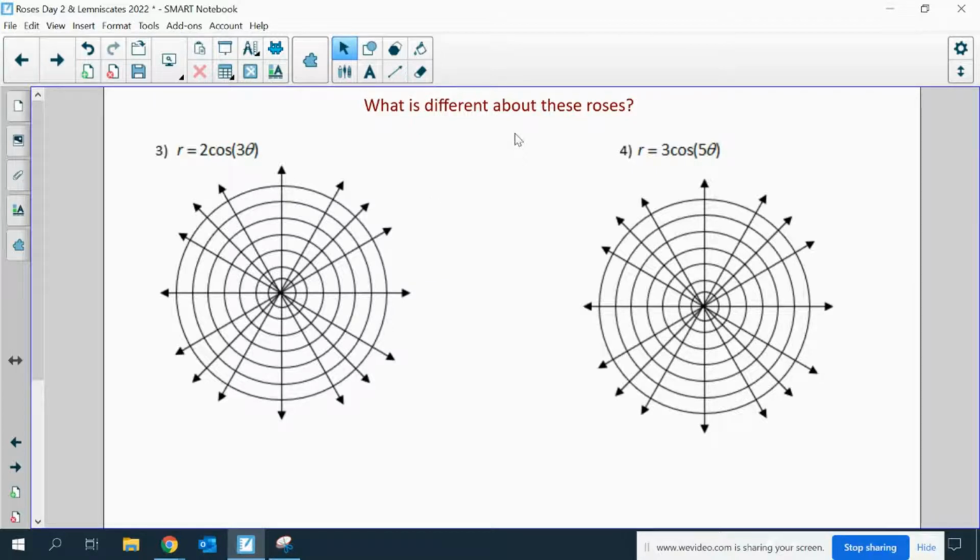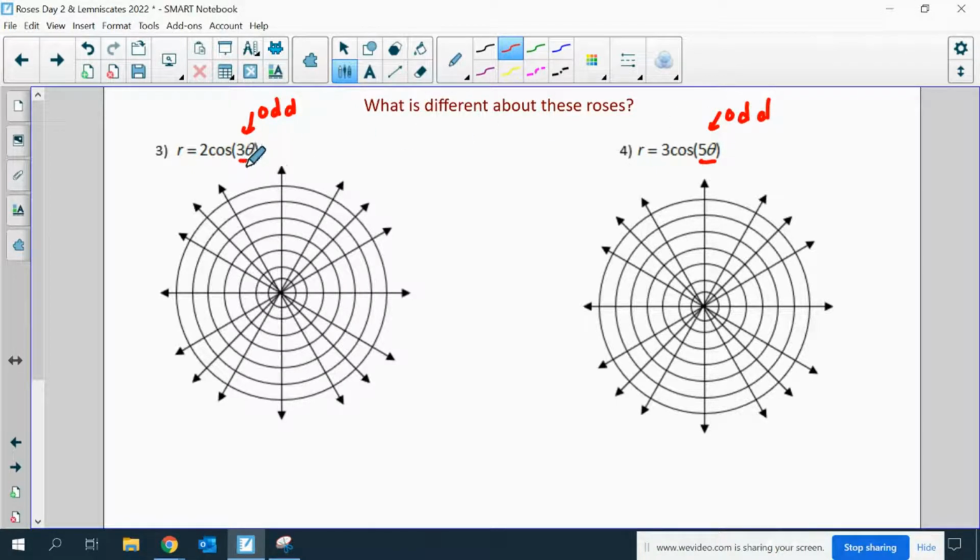What is different about these roses? Well, what we see is that these have odd numbers on the inside. And so when you have odd numbers on the inside, there's something that's a little different.